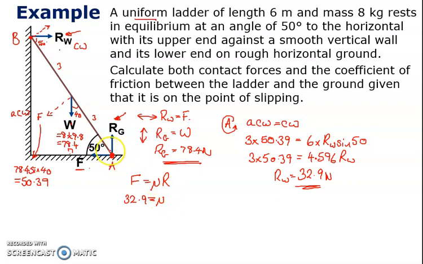R is the reaction at the ground, because that's where we're looking, and Rg was equal to the weight, which is 78.4. That allows me just a simple division to work out mu. So 32 and a bit divided by 78.4, I get 0.420 rounded to 3 sig figs. Again, possibility of rounding errors.